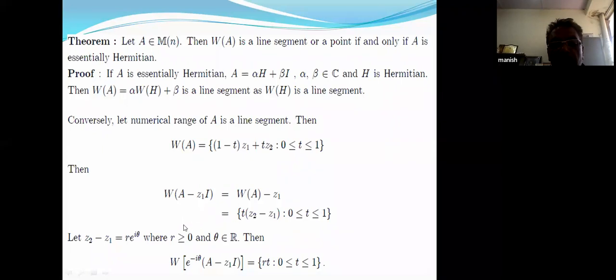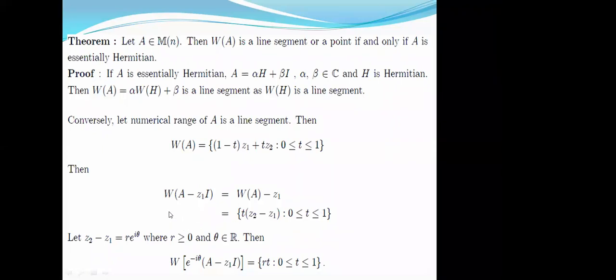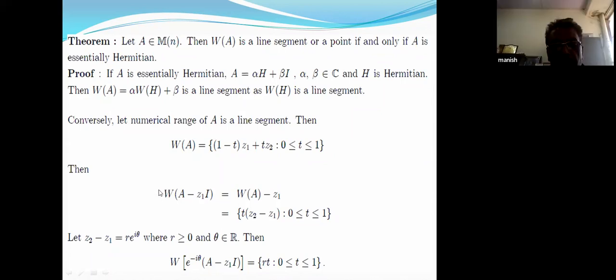Exponential iota theta we can take outside, and then by cross multiplication we have exponential minus iota theta, and we can take it inside by using the scalar multiplication property. So the numerical range of the matrix exponential minus iota theta (A minus z1 I) is this real line segment. On the right hand side we have only real terms.